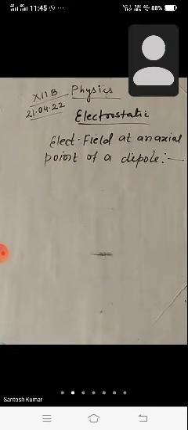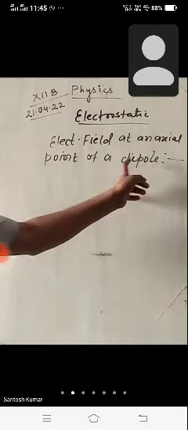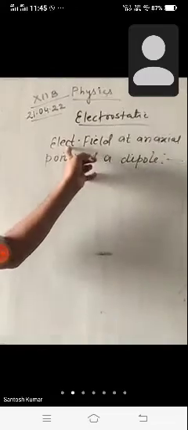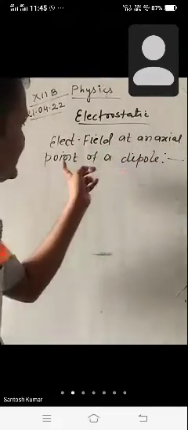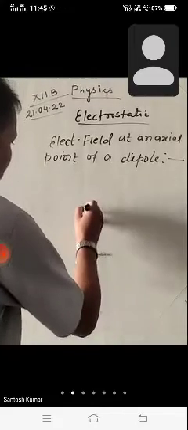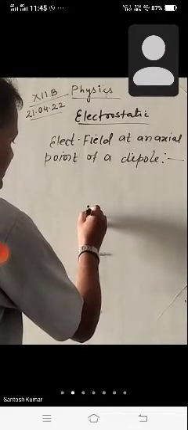So we will find, in the case of a dipole, the electric field at an axial point. If you draw the diagram, just see, this is minus q, this is plus q.